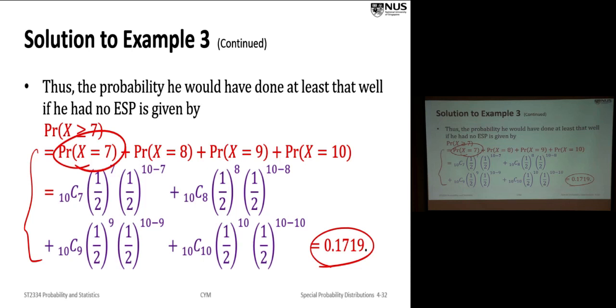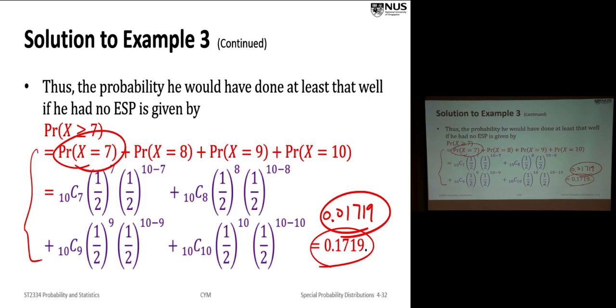If this number is very small, for example 0.01719, then we say the chance of a normal person getting 7 or more correct is only 0.017, a very small chance. So if you're able to achieve 7 correct, then I think you really have some ability which ordinary people do not have. But in this case, it's not.